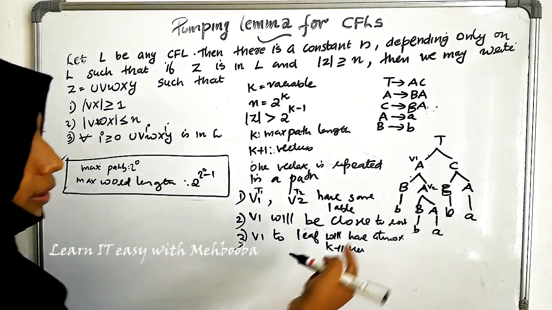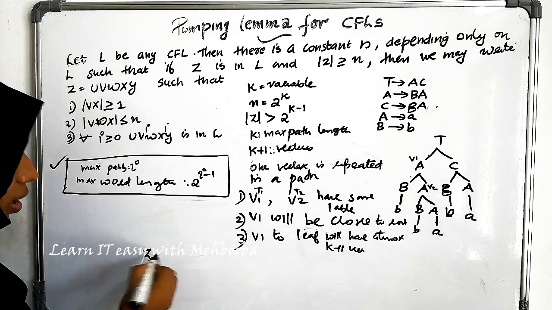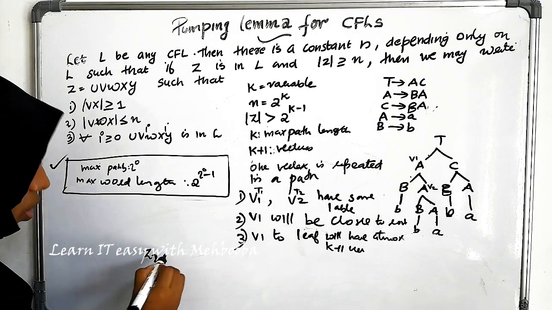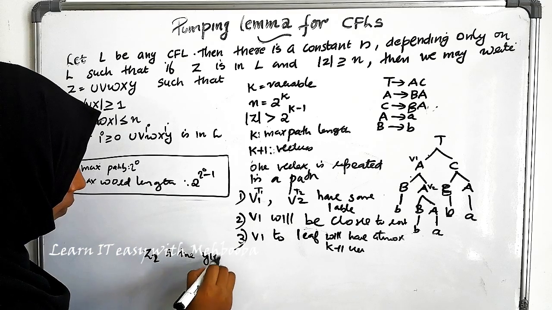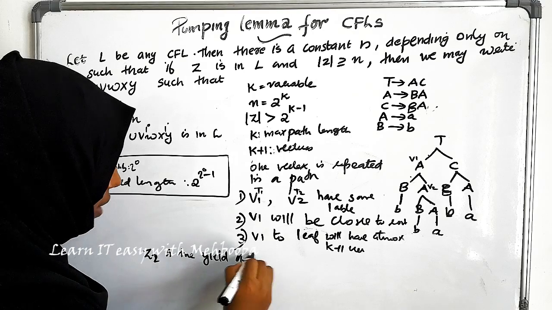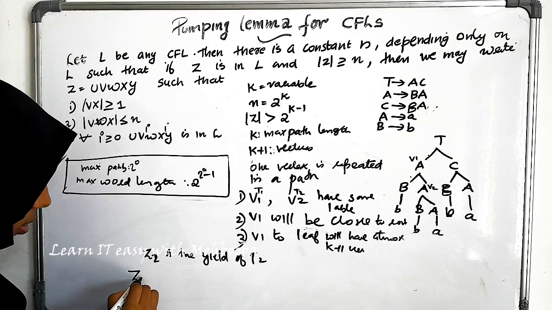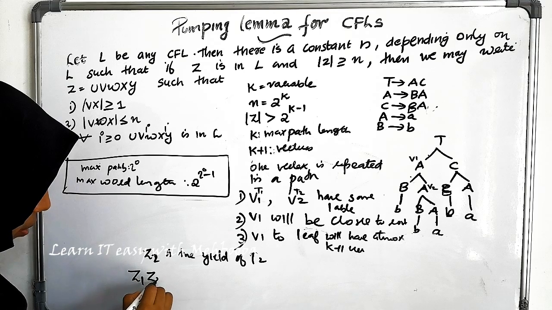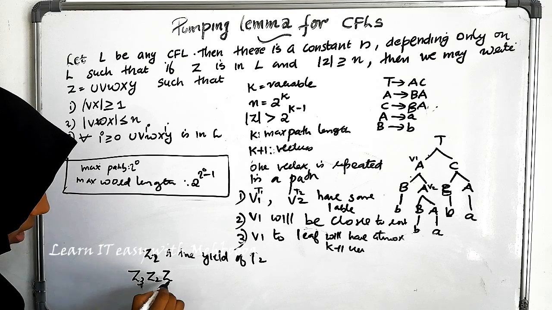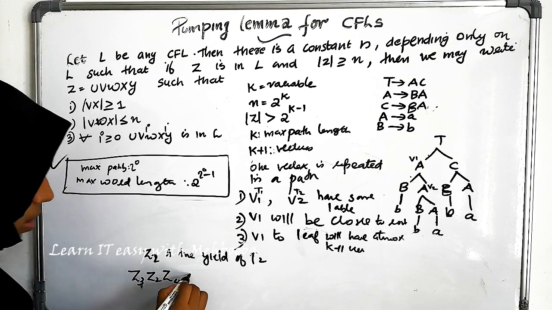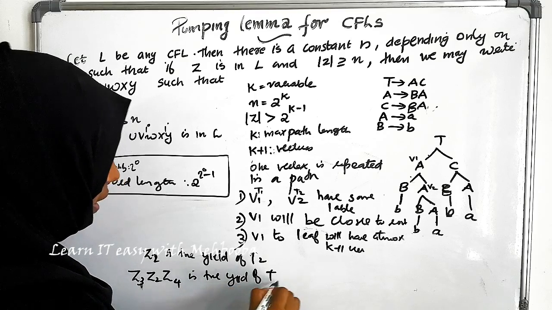So you know that if Z2 is the yield of the subtree T2, then Z3, Z2, Z4 is the yield of T1.